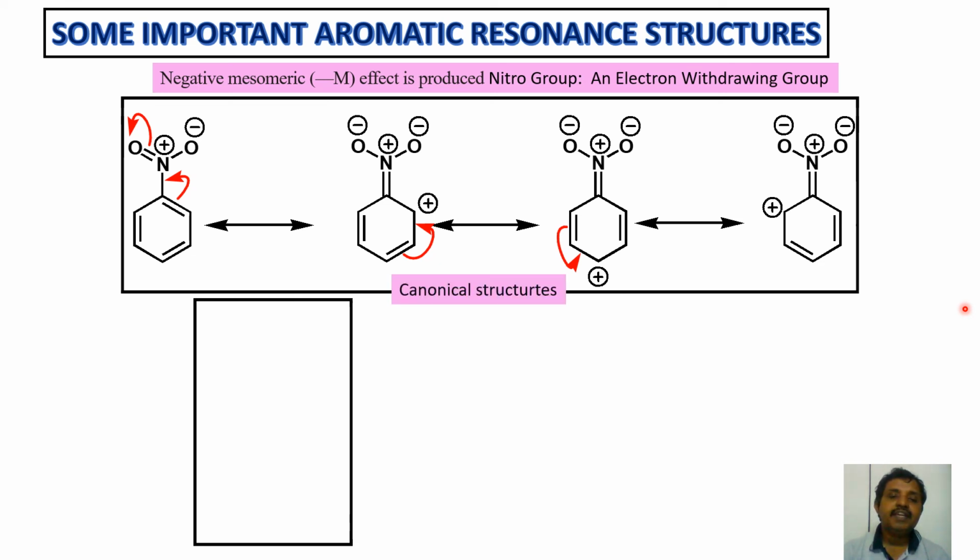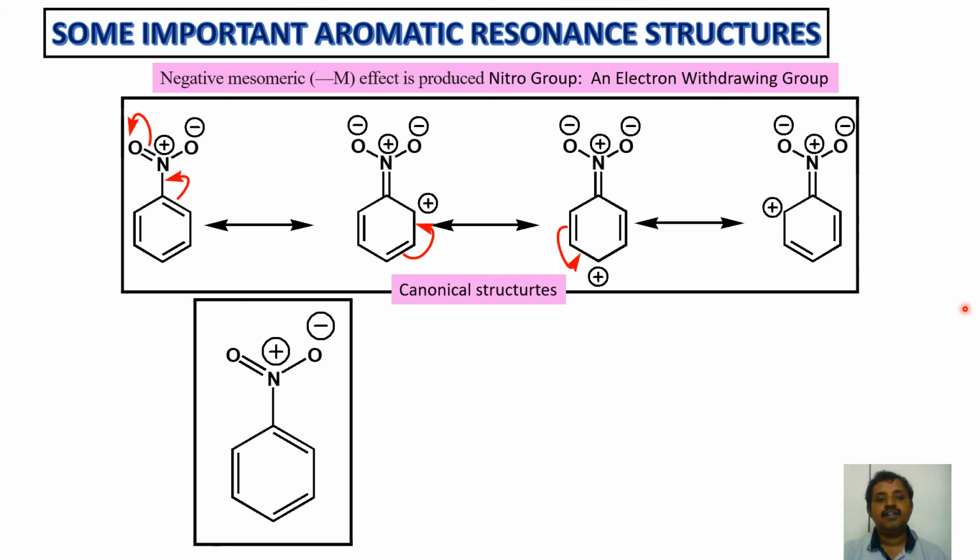From these structures we can understand that the nitro group, an electron withdrawing group, decreases the electron density at the ortho and para positions, as the positive charge forms at the ortho and para positions in the canonical structures. So the electrophile, which is an electron loving species, does not get attracted at the ortho and para positions, which have less electron density compared to the meta position.